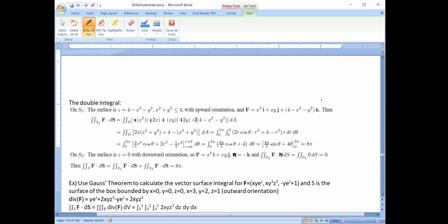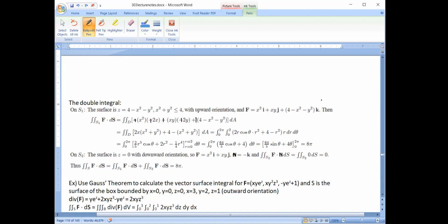So you have to do d/dx of the first component plus d/dy of the second component plus d/dz of the third component, work all of that out, and it simplifies, and you get 2xyz cubed. And now we have to figure out what are the boundaries. Well, the boundaries are super simple. They're given right there. Z goes from 0 to 1, y goes from 0 to 2, and x goes from 0 to 3. So dv is just, in this case, I chose to write it dz, dy, dx. But these are constant boundaries. You could do it in any order.